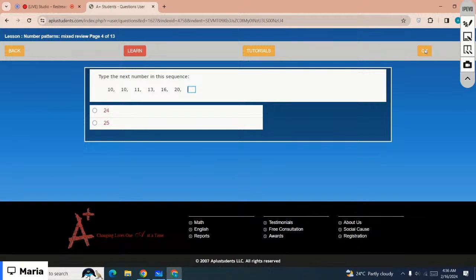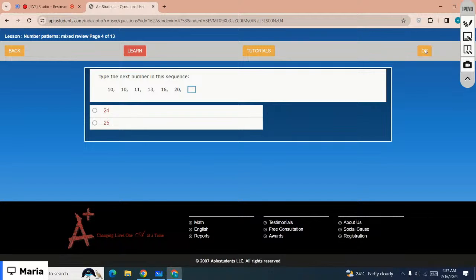Type the next number in the sequence. So which is the next one? Yes, the next one is 25, right?